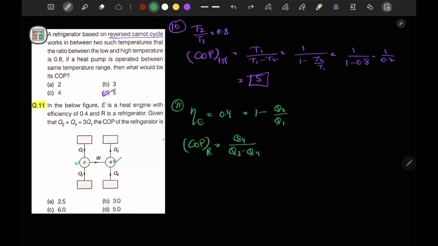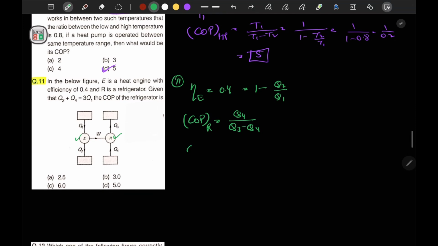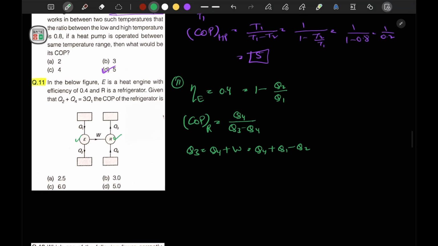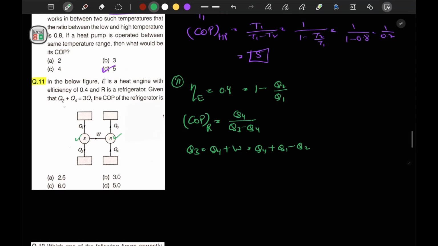We can write that Q3 is equal to Q4 plus W, and W is Q1 minus Q2. So Q3 is equal to Q4 plus Q1 minus Q2.